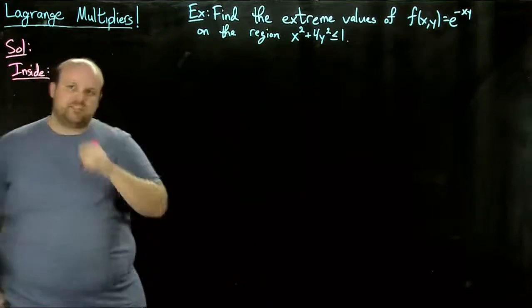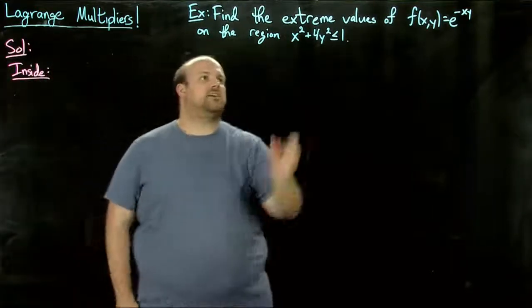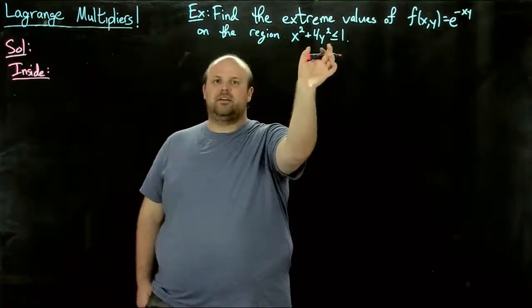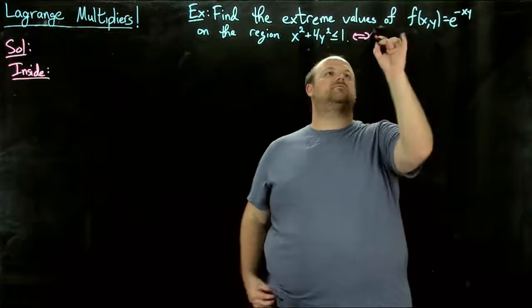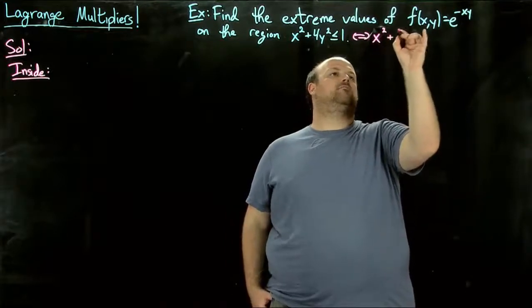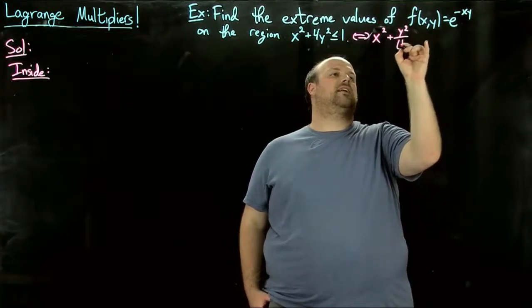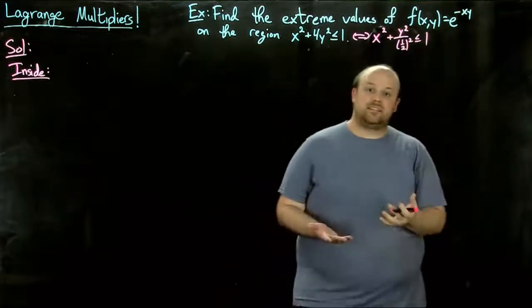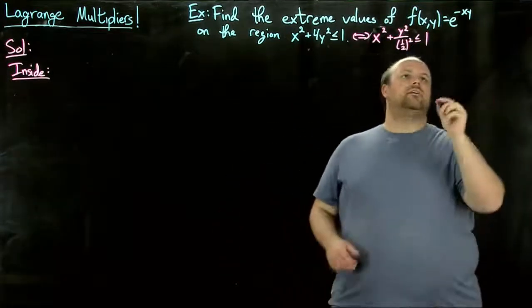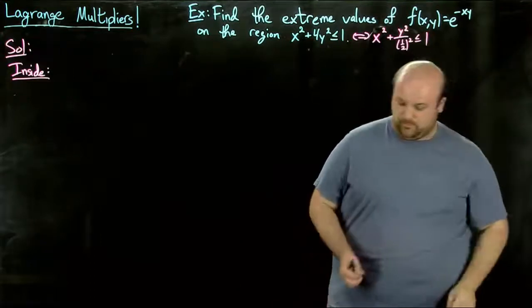All right? So remember, inside, we're talking about the inside of this region. Now remember, this region here is x squared plus y squared over 1/2 squared, less than or equal to 1. So this is an ellipse, right? It's a kind of tiny one.